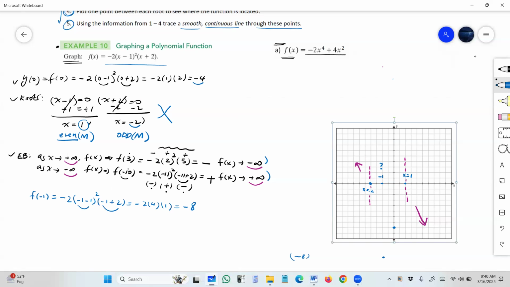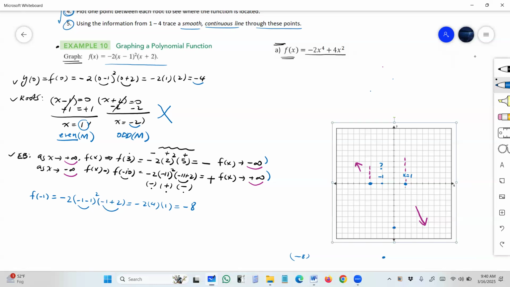And now I am able to graph this polynomial. Let's see how that will work. I'm going to remove this. I'm going to remove this. Now, what I said before was, we have the two roots, we have the y-intercept, we have a point in between the roots.